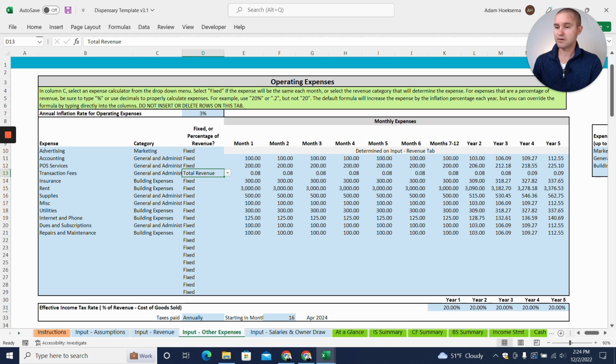And so we've got this set up as 0.8% or 8% of total revenue as an expense, and that could be because of the industry that you're in. Maybe you have a high payment processing cost, but you can adjust that to whatever your specific cost is going to be. You can also add things like rent, utilities, internet, phone, repairs and maintenance, all those sorts of things based on your specific situation.